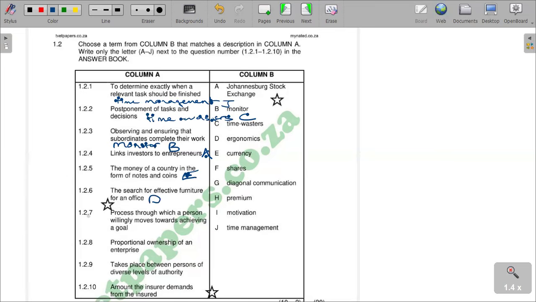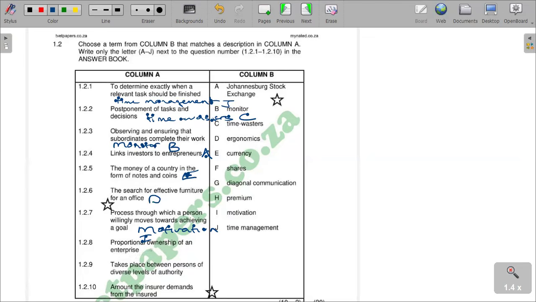Let's move on to 1.27. The process through which a person willingly moves towards achieving a goal. That's what you call motivation, which is I. 1.28. Proportional ownership of an enterprise.